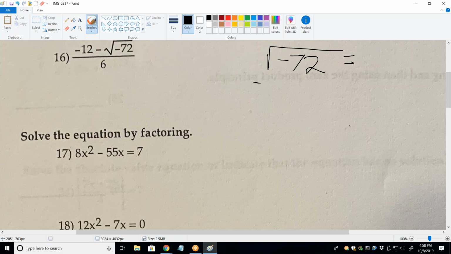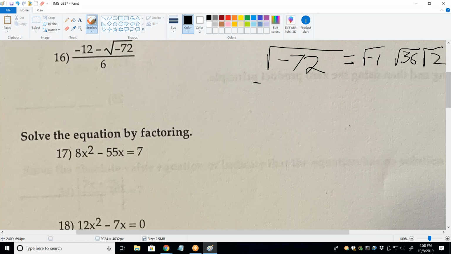Here's a tip. Always use the greatest, the largest perfect square number as a factor, if there is one. And notice that 36 is a factor of 72. So I can write it like this. There's the negative 1. I always do that. Times 36 times 2.